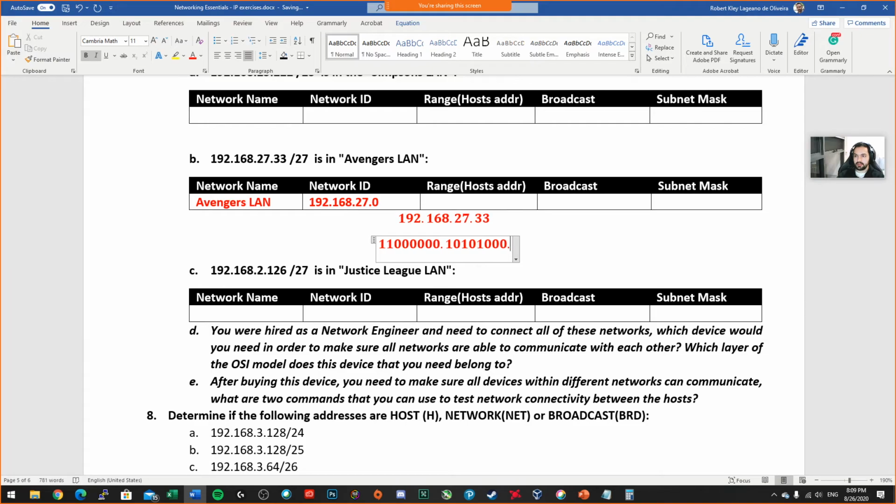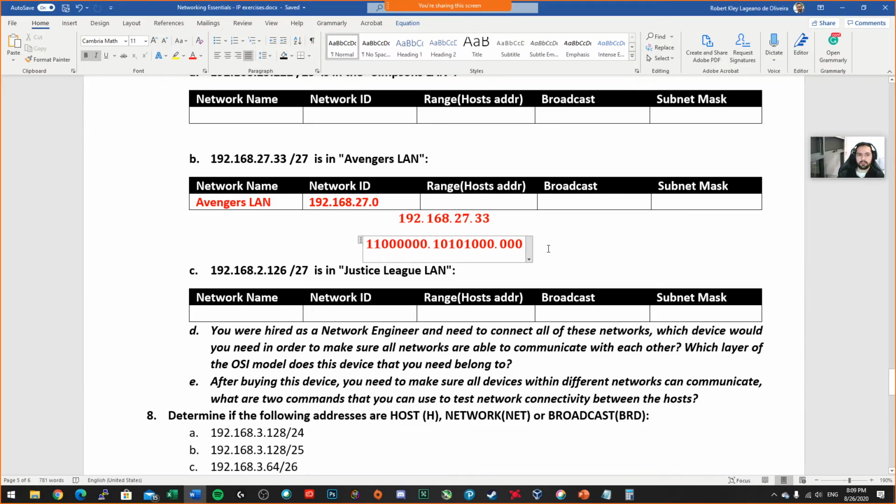How about 27? 00011011. But that's not 8 bits, is it?